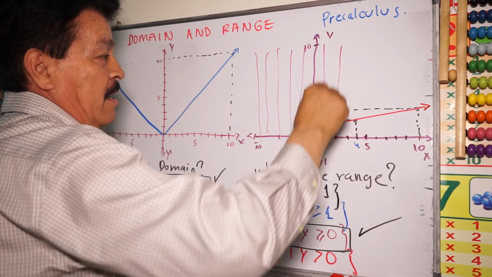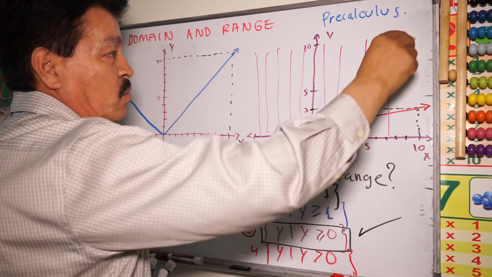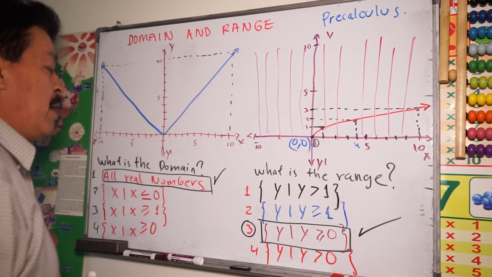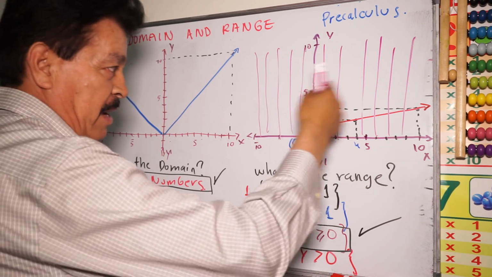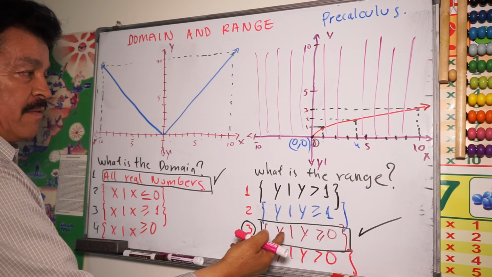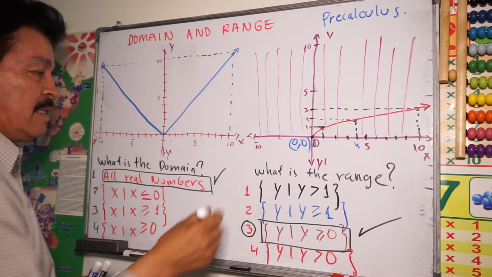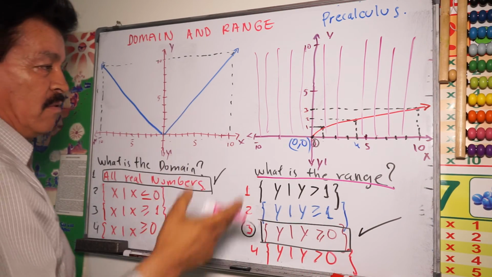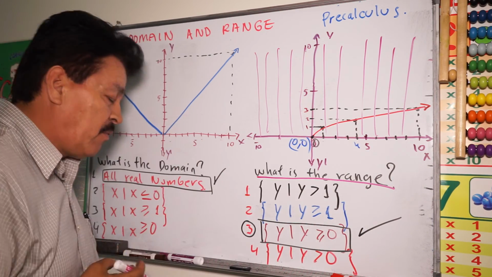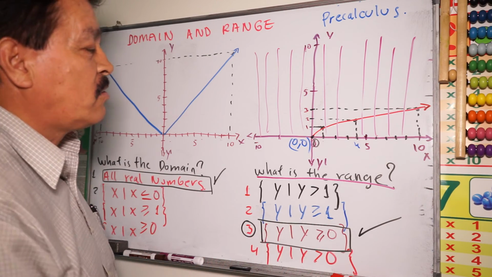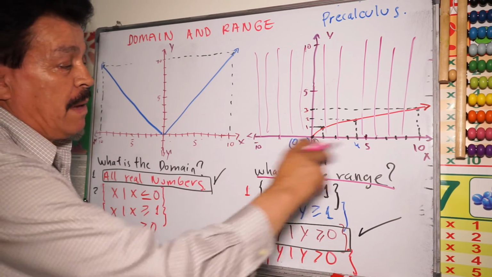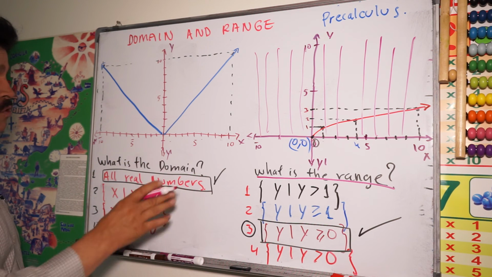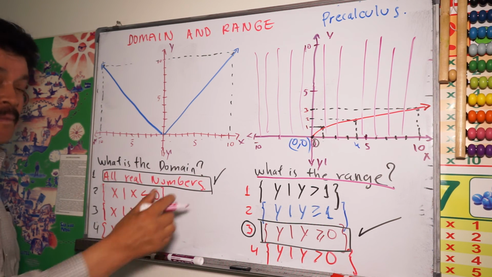Remember, in algebra or algebra 2, you studied this kind of problem, domain and range. This is the answer for this question. The range of a function is all possible y values. The domain of a function is all possible x values. All right.